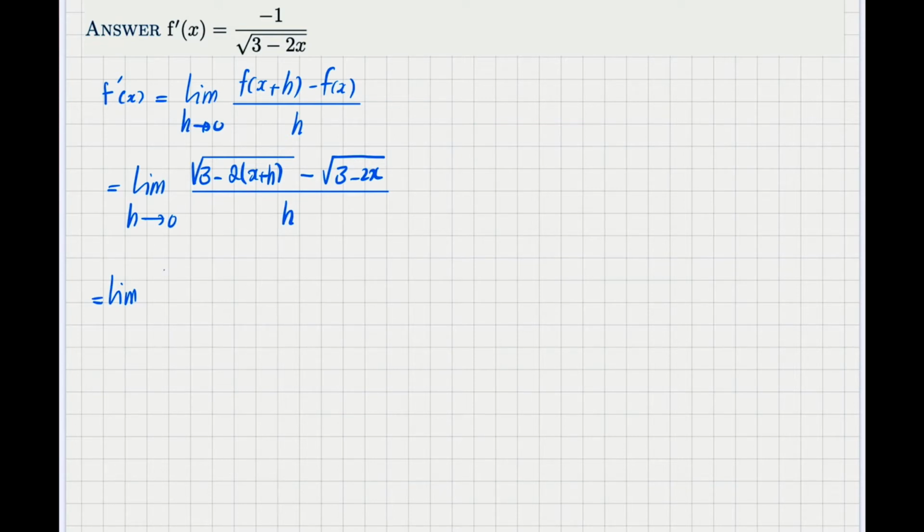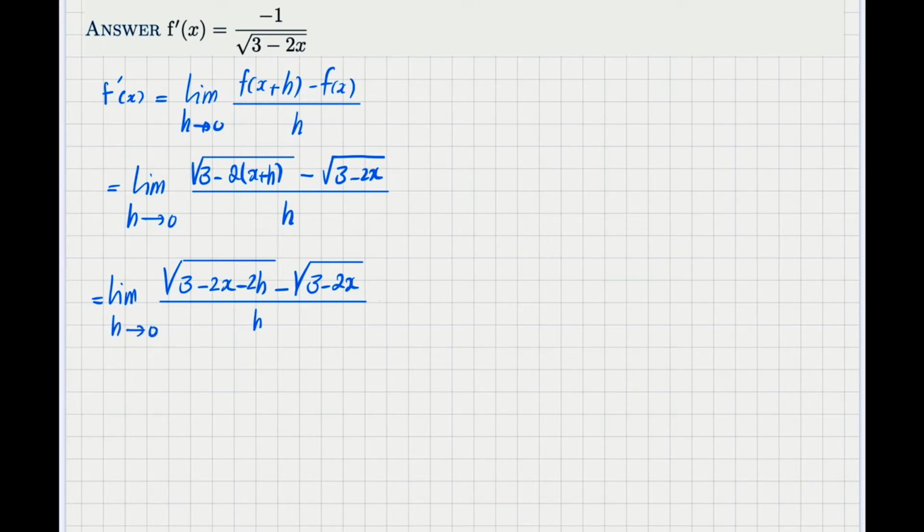It means that I can write this fraction once more, but let me just multiply the 2 inside, so it becomes 2x plus 2h, but there is a negative sign, so it becomes the square root of 3 minus 2x minus 2h, and then the second square root is 3 minus 2x, and in the denominator I have h, h goes to 0.